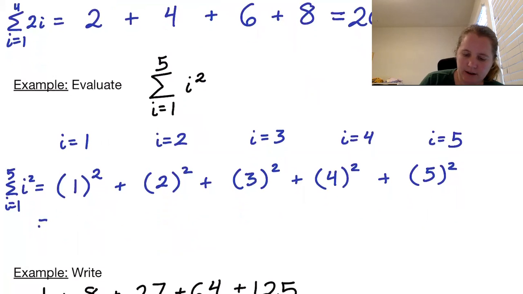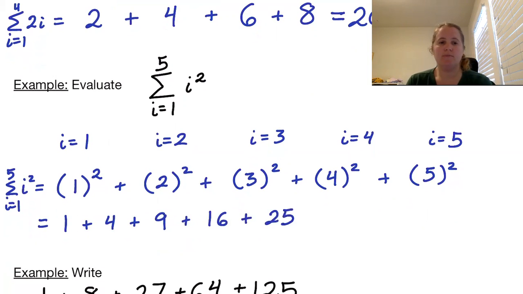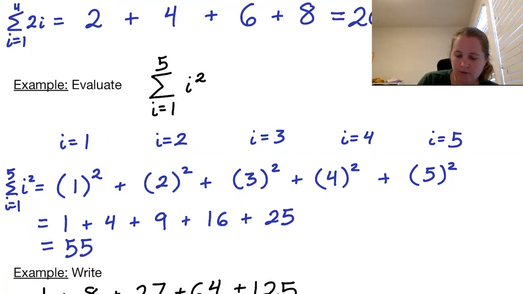So we are looking at 1 plus 4 plus 9 plus 16 plus 25. 1 plus 9 is 10, 4 plus 16 is 20. So all of those together will be 30, plus 25 would be 55. So this summation is equal to 55.